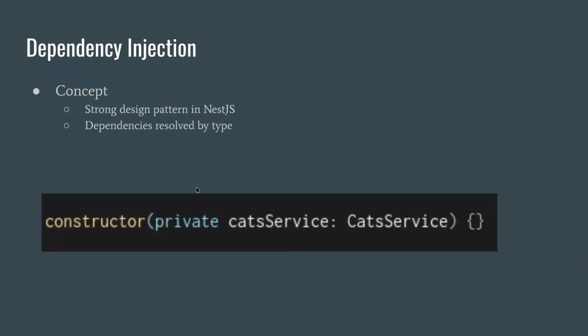So if the instance has already been created, it will return the existing instance. So this is how dependencies are injected into the cats controller through its constructor.